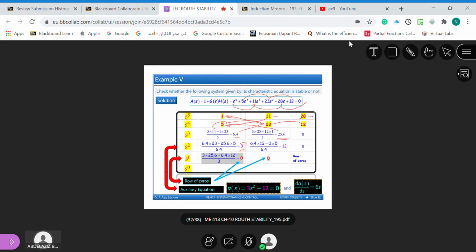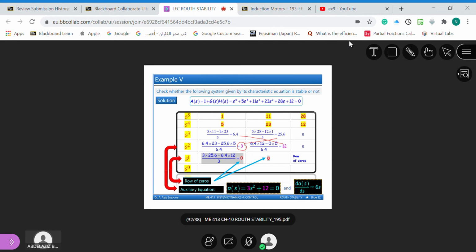But the next one, this one here, will give you 3 times 25.6 minus 12 times... I am lost here, Shabab. 3 times 25.6 minus 25.6 multiplied by 5.